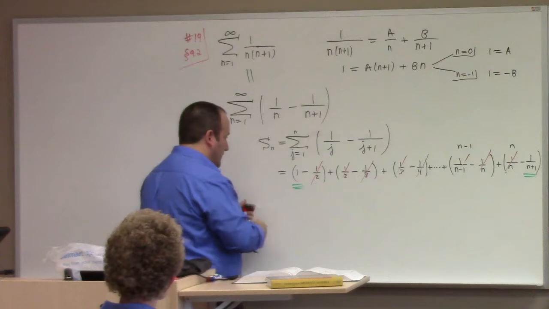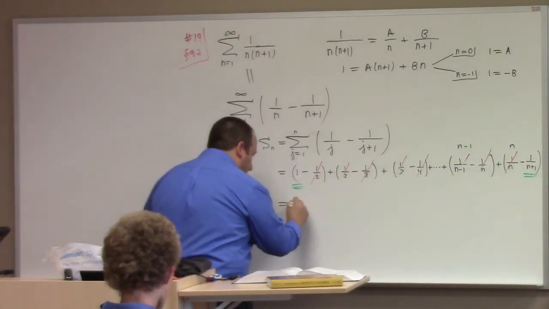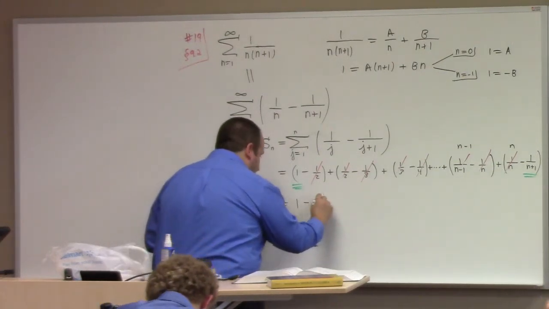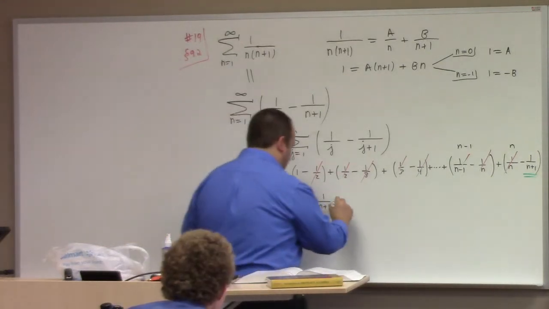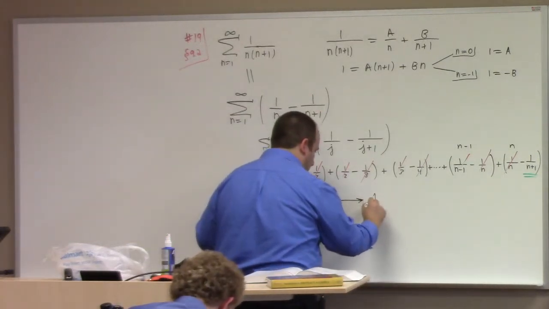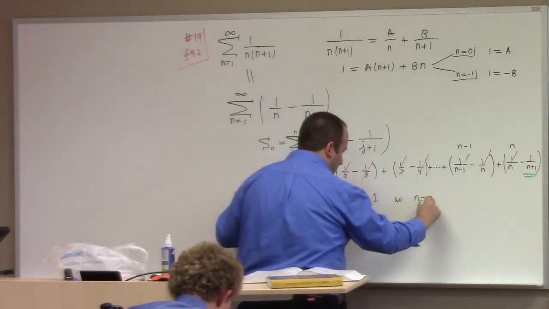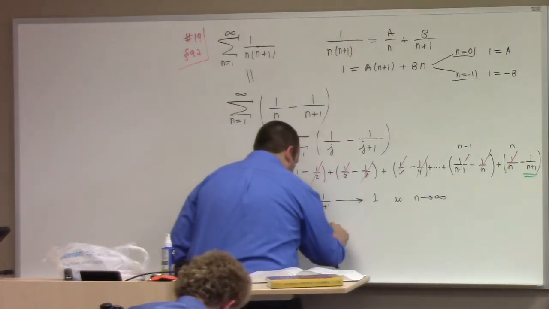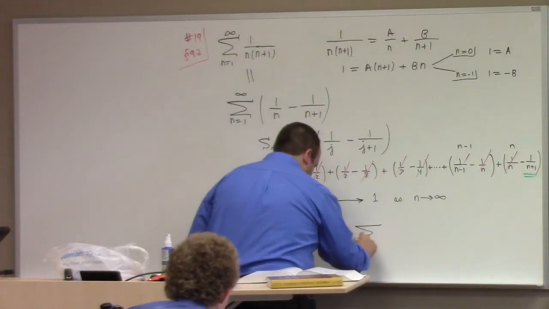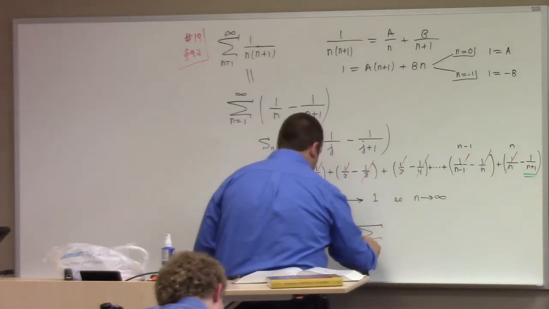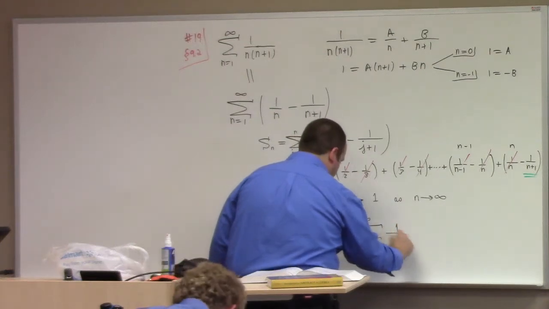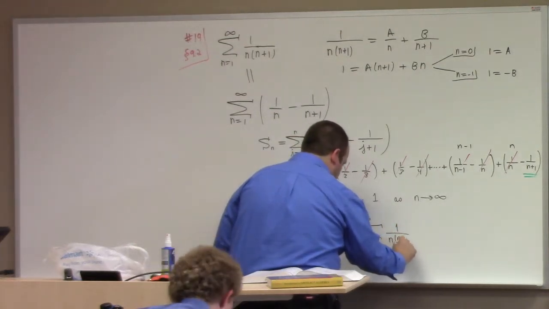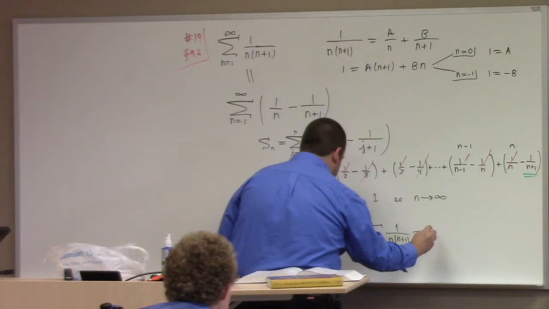So in total, the nth partial sum works out to 1 minus 1 over n plus 1, right? And you can see that this goes to 1 as n goes to infinity. So thus, the sum, n equals 1 to infinity of 1 over n times n plus 1 is equal to 1.